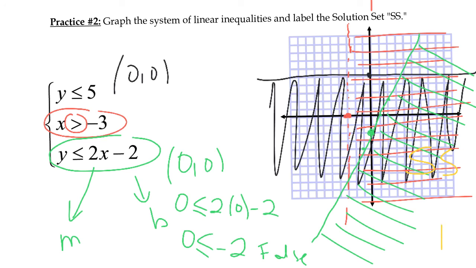So the solution set is in this area. So this video, in my opinion, is hard to understand because of the colors, but if we do this on the whiteboard and use bigger pictures, I think it will be easier for you. Okay, but I showed you the steps to graph a system of linear inequalities.